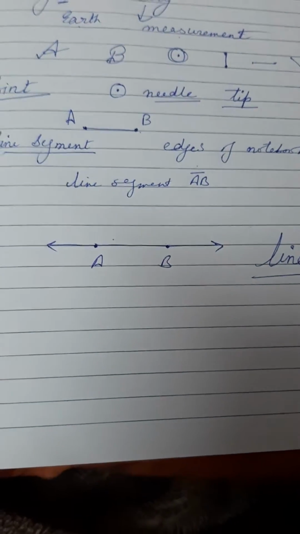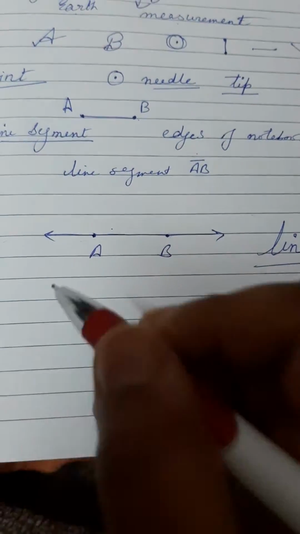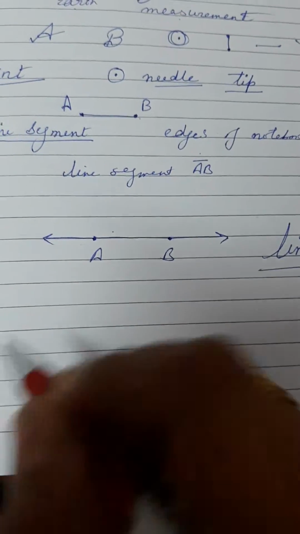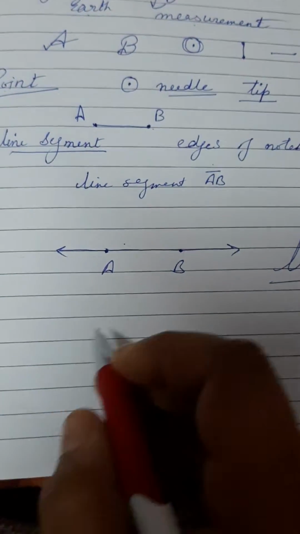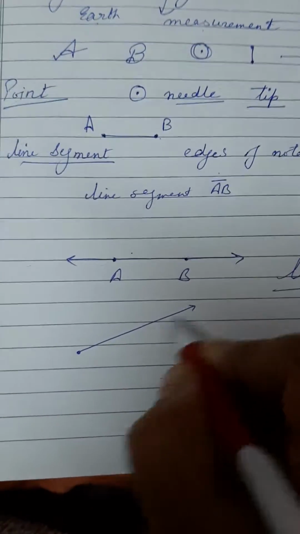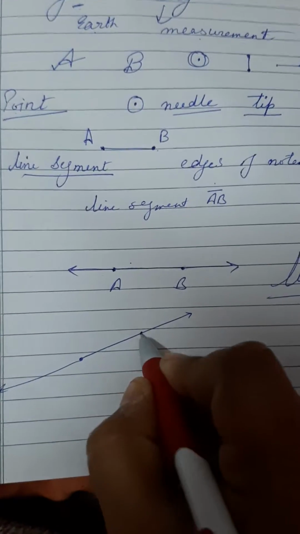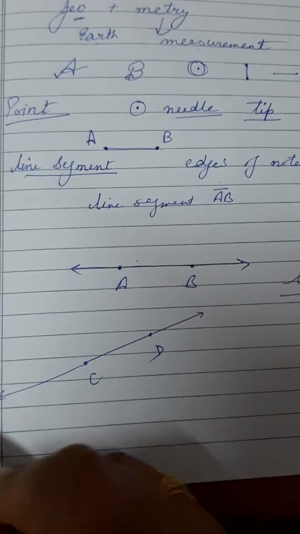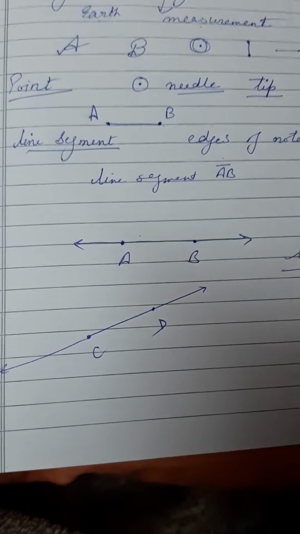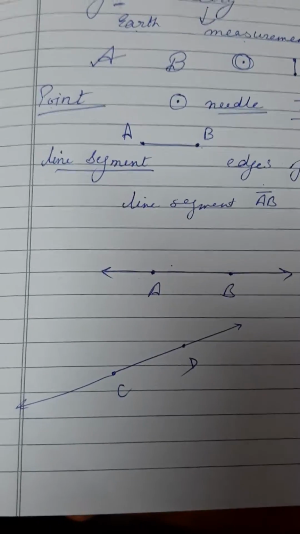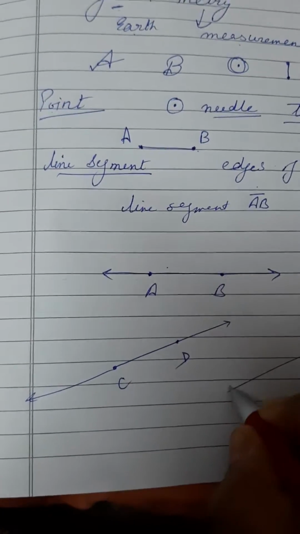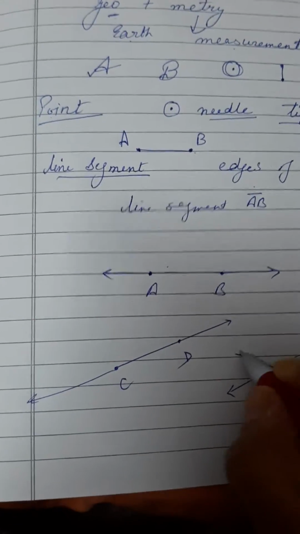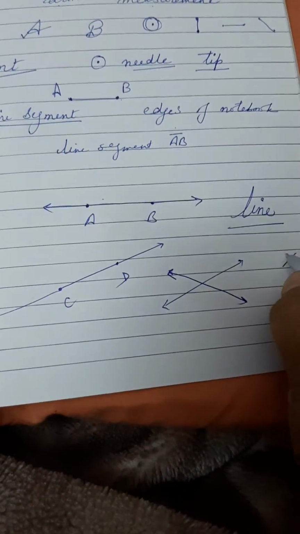So you can take any example of a line. Give me any example of your line. These can be extended anywhere. If I am drawing like this, C, D, anywhere I can extend these 2 lines. Suppose I have two lines, one line here and one line here, like the X in our English letters.